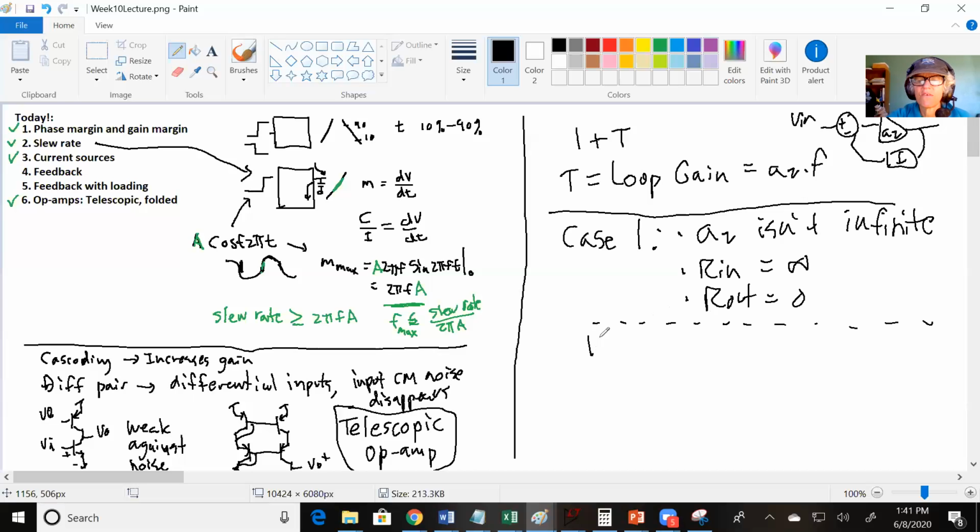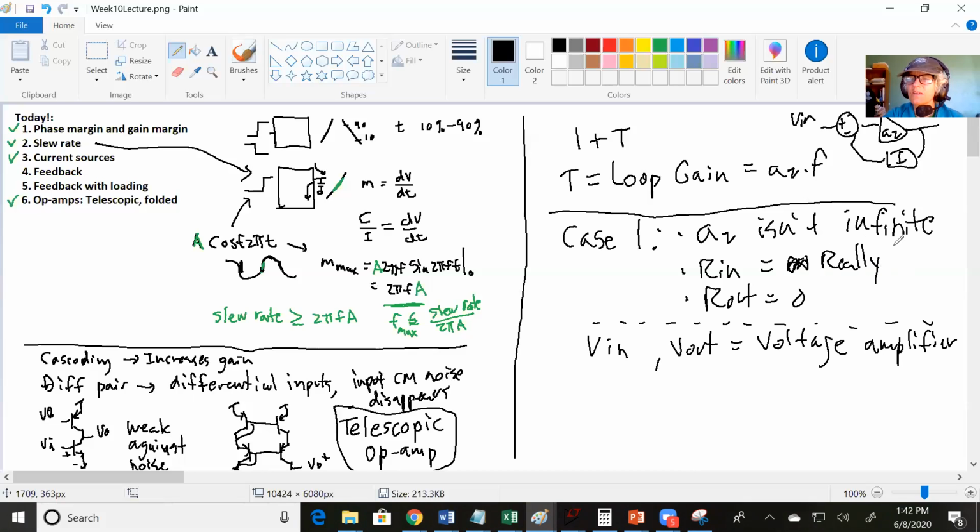If you have a voltage input amplifier and a voltage output amplifier, in other words, a voltage amplifier, do you like a high R in or a low R in? Let's just make this really large, close to ideal, but not exactly ideal.